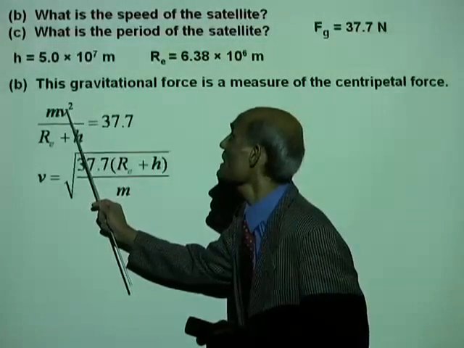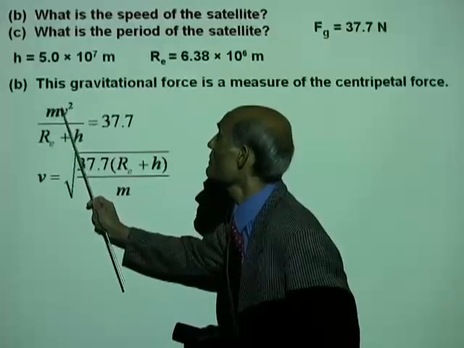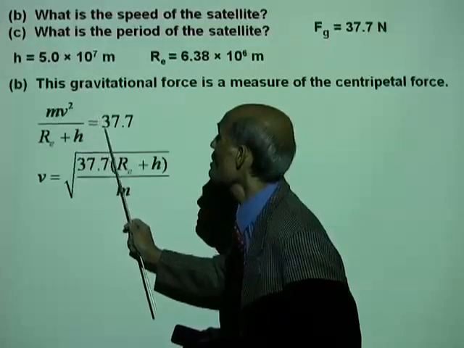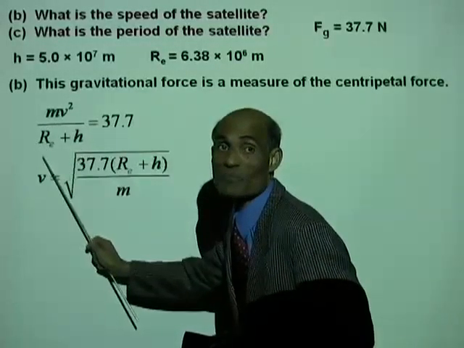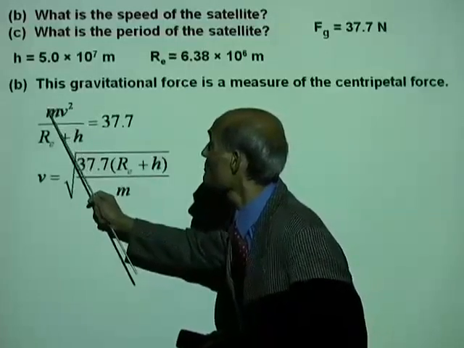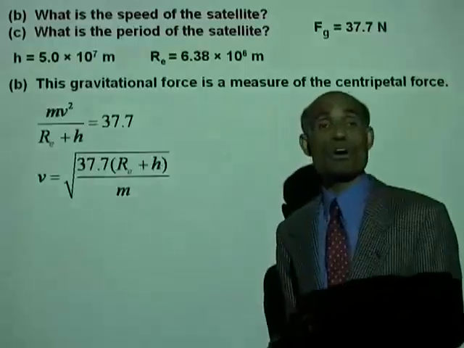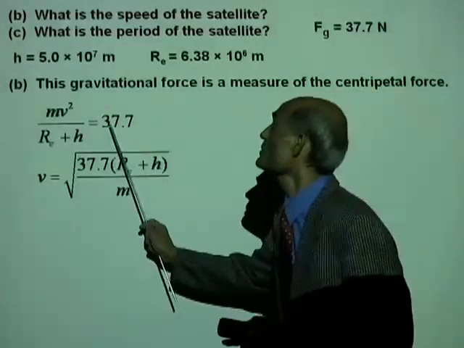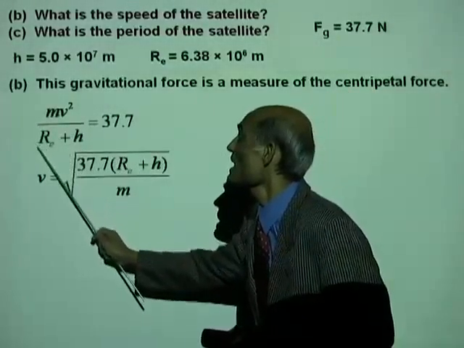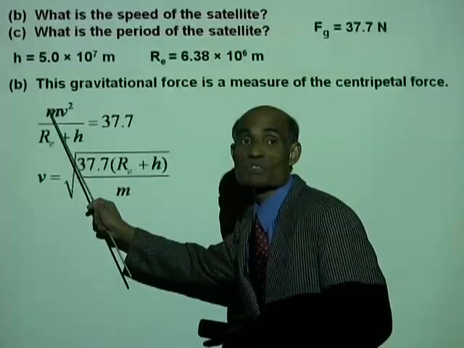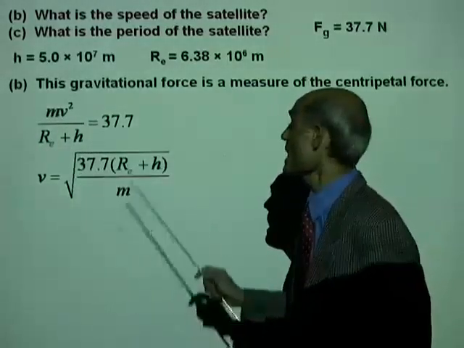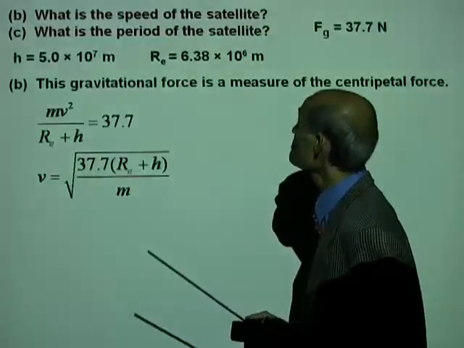Therefore, v squared is 37.7 times R E plus h divided by m. Therefore, v equals the square root of 37.7 times R E plus h divided by m. And all these values we know.